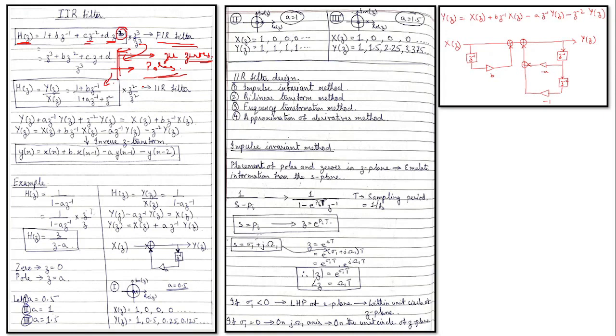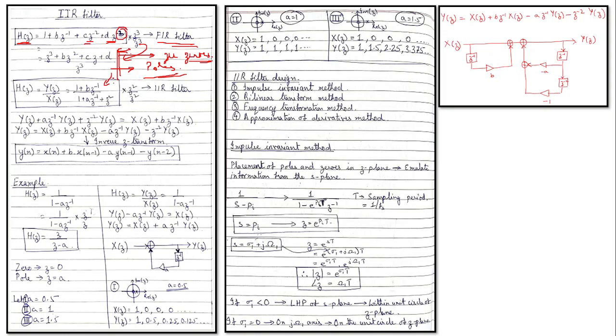And we know that the number of poles should be greater than or equal to the number of zeros. That means if we check the denominator for a stable filter, we will be able to tell what is the order of that filter, right?